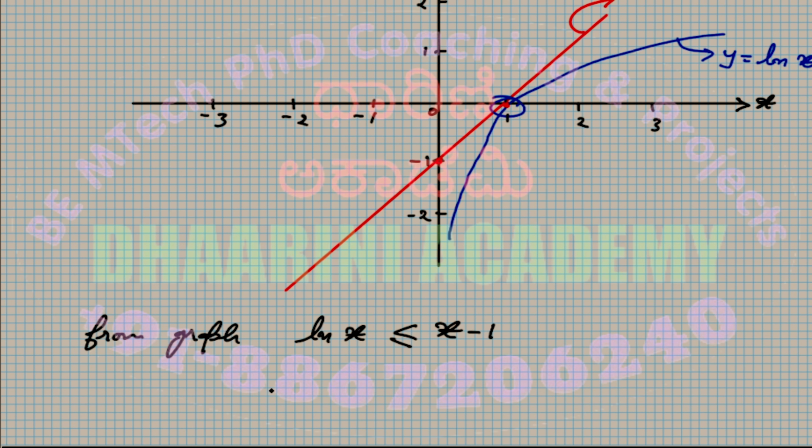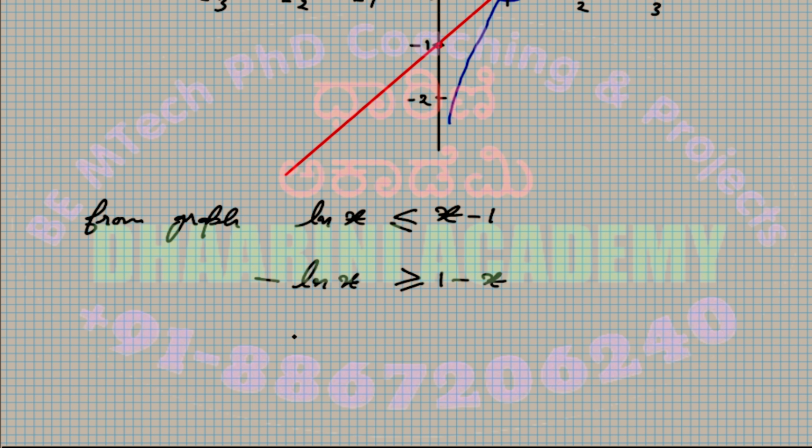Which means minus of natural log of x should be greater than, because you're multiplying by minus, the sign will change, it is 1 minus x. So I can take the minus inside, so natural log of 1 by x will be greater than or equal to 1 minus x.